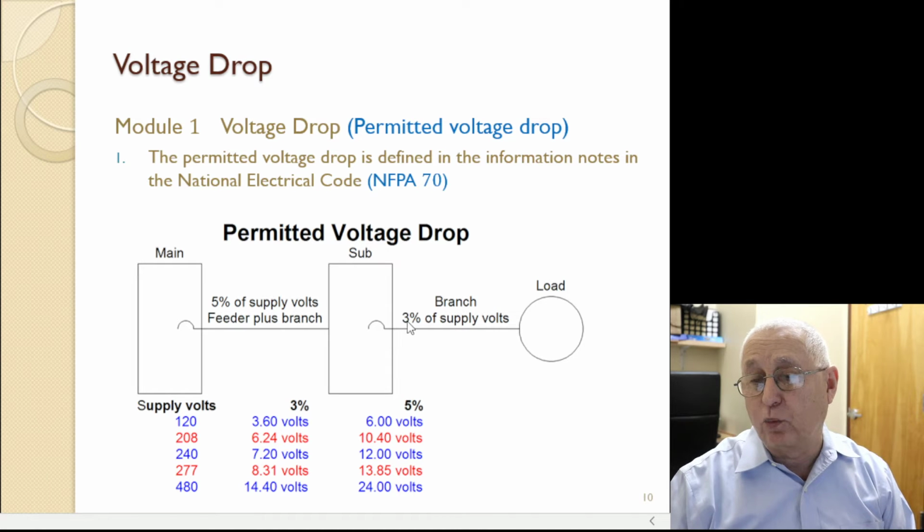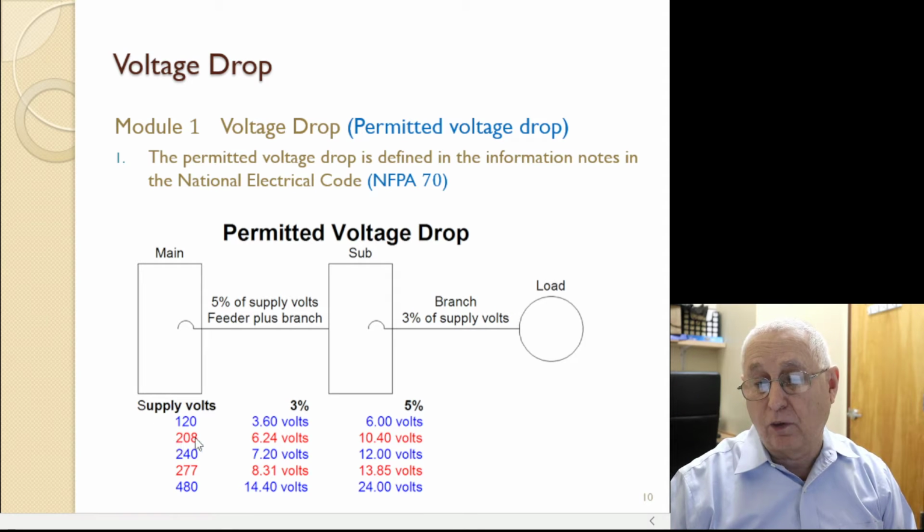On the branch, we're permitted 3% maximum, but combined, it can't be more than 5%. So if we multiply this out, 3% of 120 volts, we get 3.6 volts. With the 5% total on that, we have 6 volts maximum voltage drop permitted.